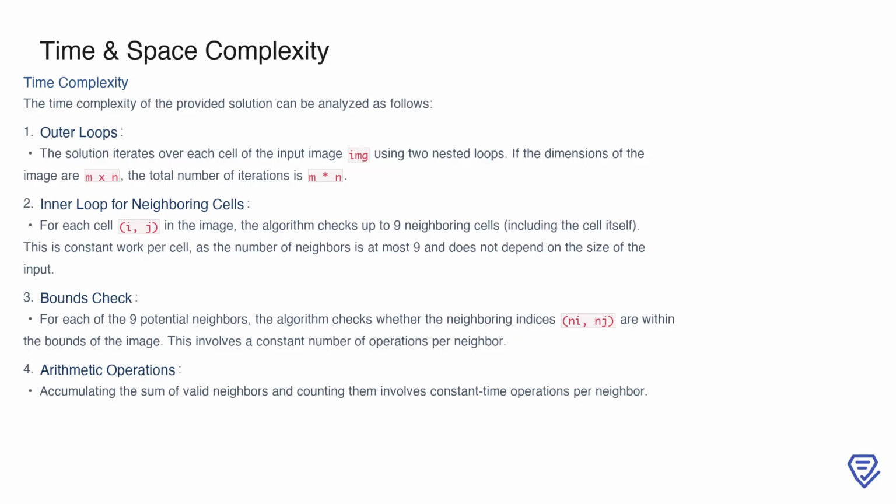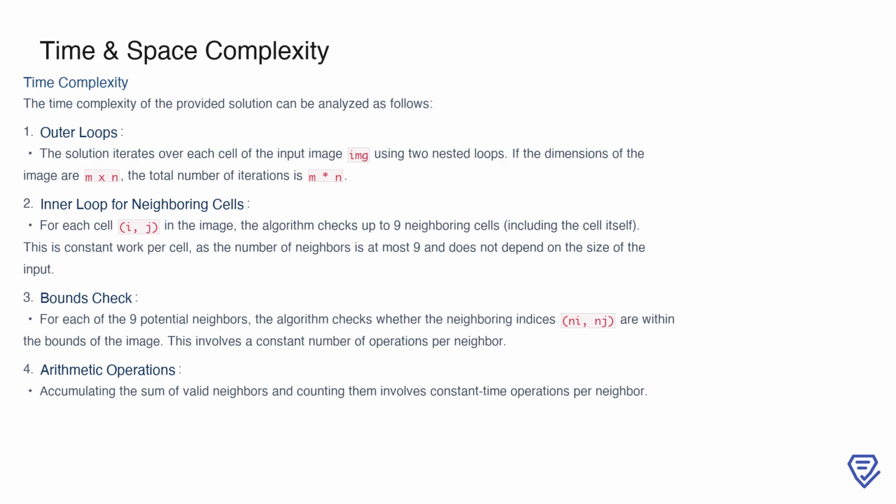To understand the time complexity of the solution, we start by analyzing its structure. The algorithm uses 2 nested loops to iterate over every cell in the input image. If the image dimensions are m by n, this results in m*n iterations in total. For each cell, i, j, the algorithm examines up to 9 neighboring cells, including the cell itself.